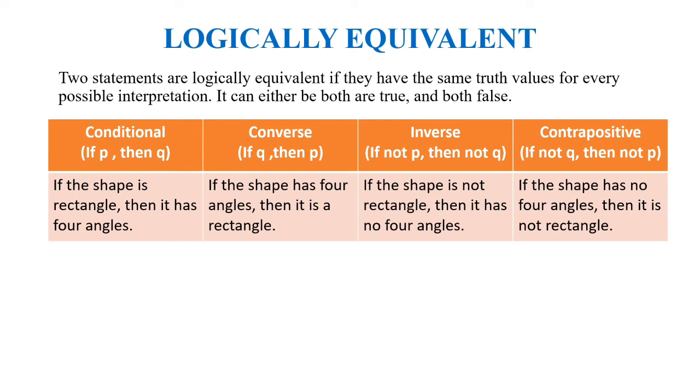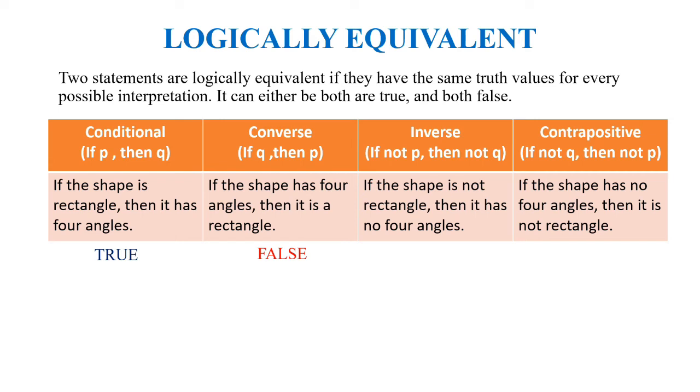So let's check if the conditional statement is true. Yes, it's true. And how about the converse? If the shape has four angles, then it is a rectangle. It is false, because not all shapes with four angles are rectangles. We also have a square.